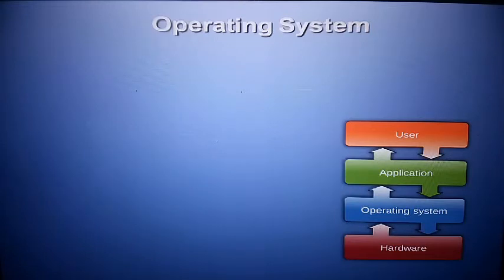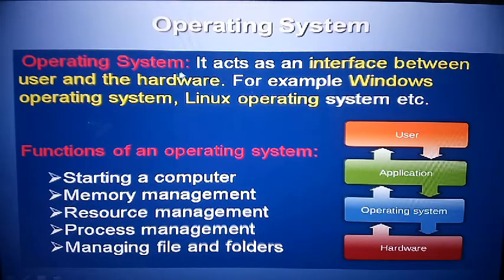Now, the operating system. Students, the operating system is the interface between the user and hardware. Examples are the Windows operating system, the Linux operating system, and so on.